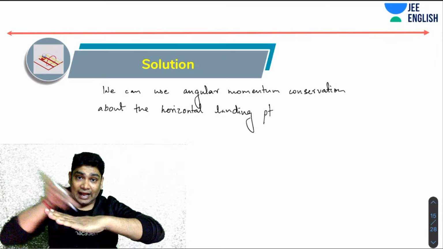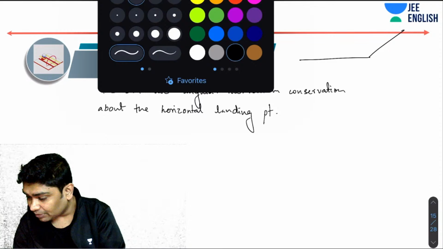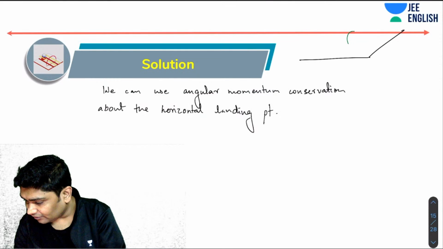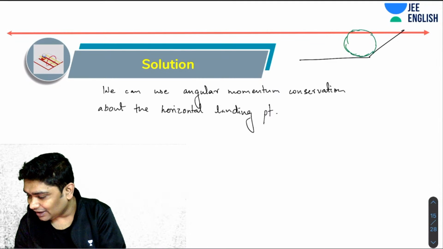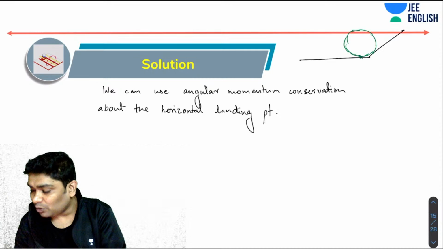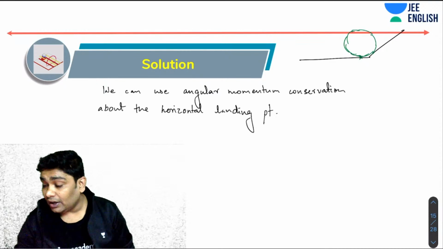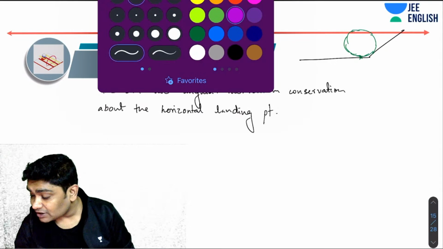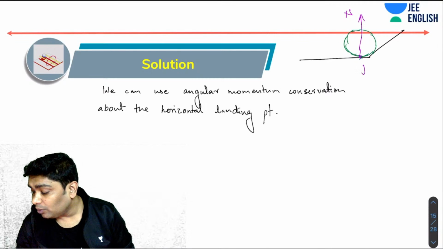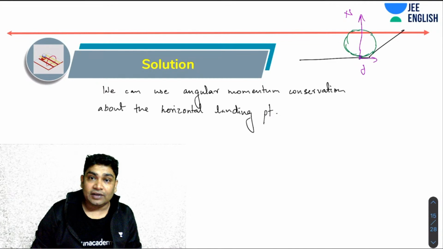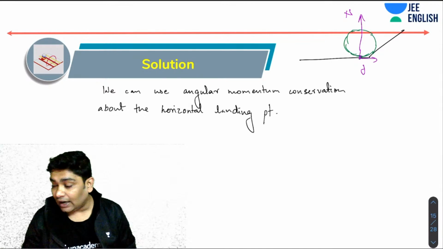When it lands on the flat surface, it will immediately receive some impulse. Now when it lands here on the horizontal portion, just lands here, about this point it gets impulses: an impulsive friction and an impulsive normal reaction. But both these, the impulsive N and the impulsive F, will both pass through this point. So there will be no change in the angular momentum of this ball about this point of landing.